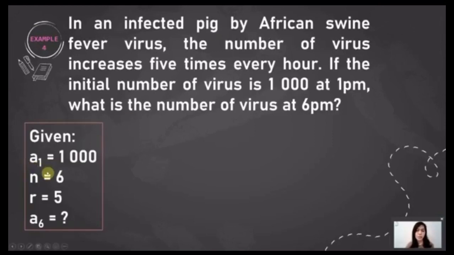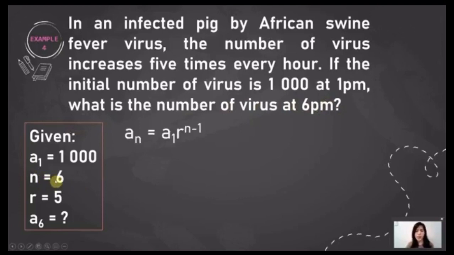Our a sub 1, or first term, will be 1000 because it's the initial number of virus at 1 p.m. Next, our common ratio will be 5 because the number of virus increases 5 times every hour. And then we are looking for a sub 6 because the question is what is the number of virus at 6 p.m. So our n will be 6.